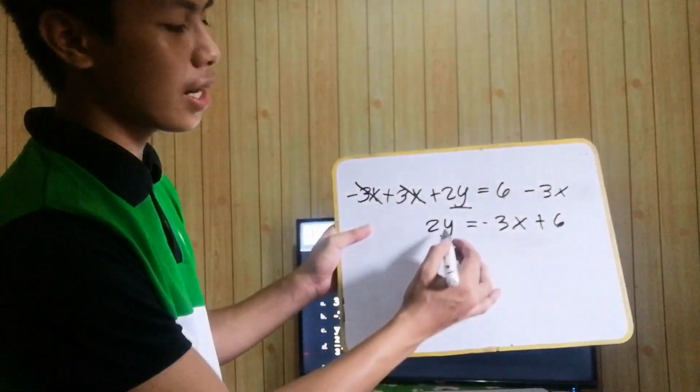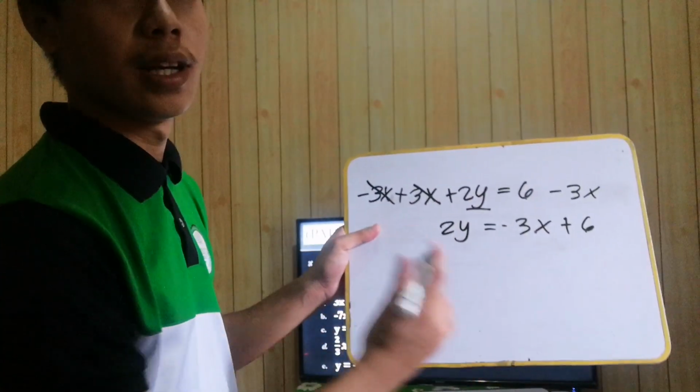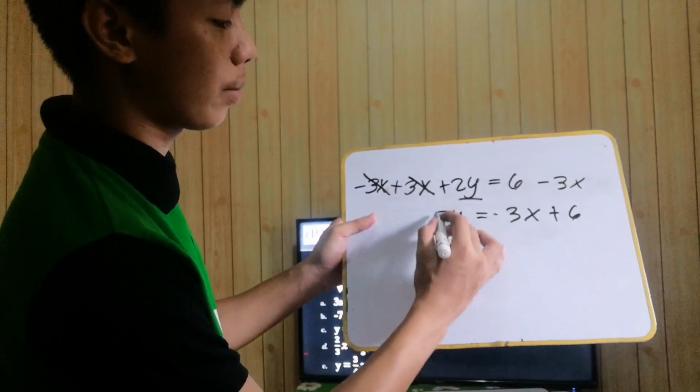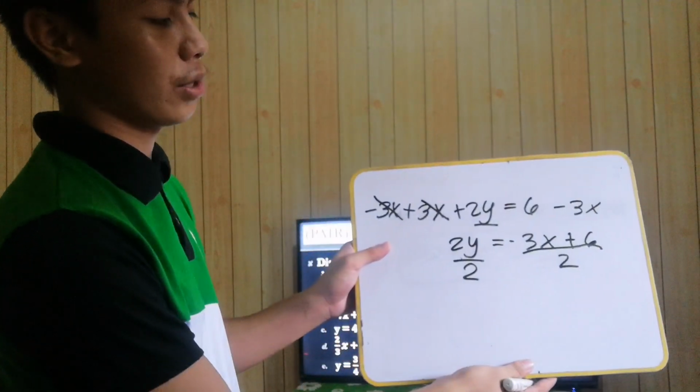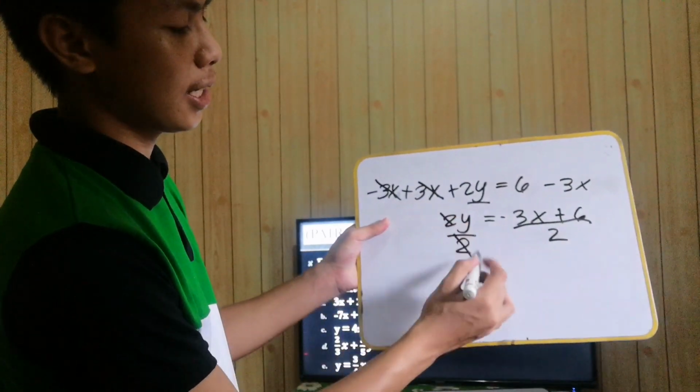Now, kailangan y na lang yung matira. So, just simply divide it by 2 para ma-eliminate natin si 2. Divided by 2. So, cancel.